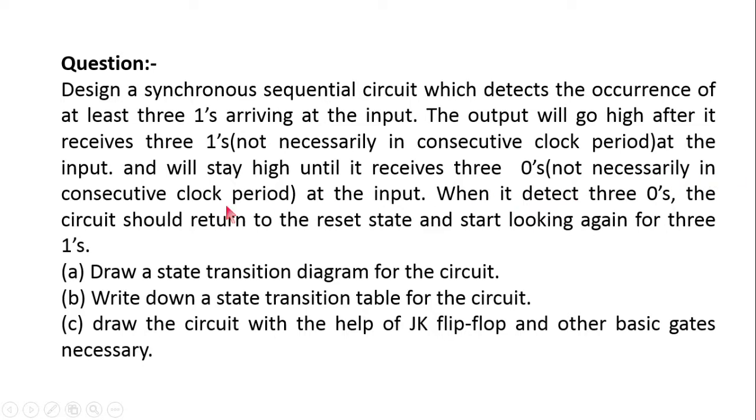Again, not necessarily consecutive clock pulses at the input. When it detects 3 zeros, the system should go to the reset state. It means it will go back to the state where we started. What does that mean? It will again start looking for the 3 ones.